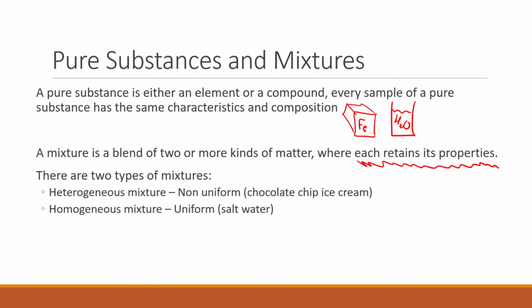You're taking two things that have different properties and putting them together where they both keep their properties. And there are two types of mixtures. The first is a heterogeneous mixture, a non-uniform mixture, while the second is a homogeneous mixture, which is uniform.